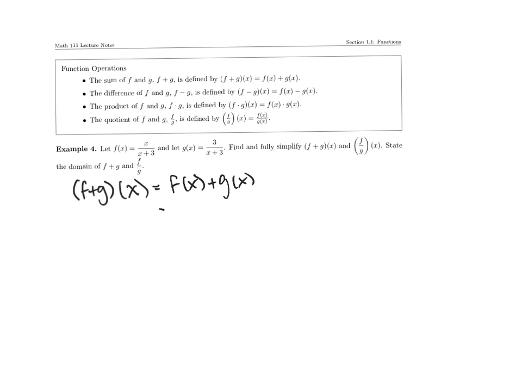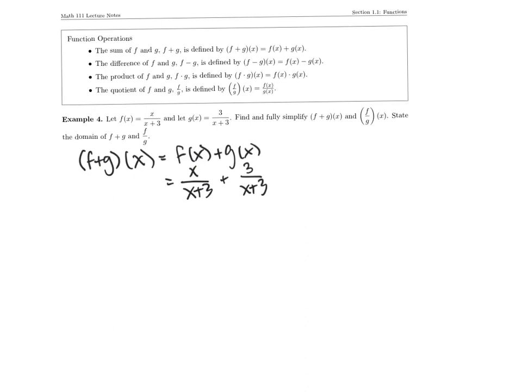We know that f of x is x over x plus 3. Yes, I realize that it's just not a number. And g of x is 3 over x plus 3. So we have our two functions. Luckily for us, the thing you need to add fractions together is a common denominator, which we already have.